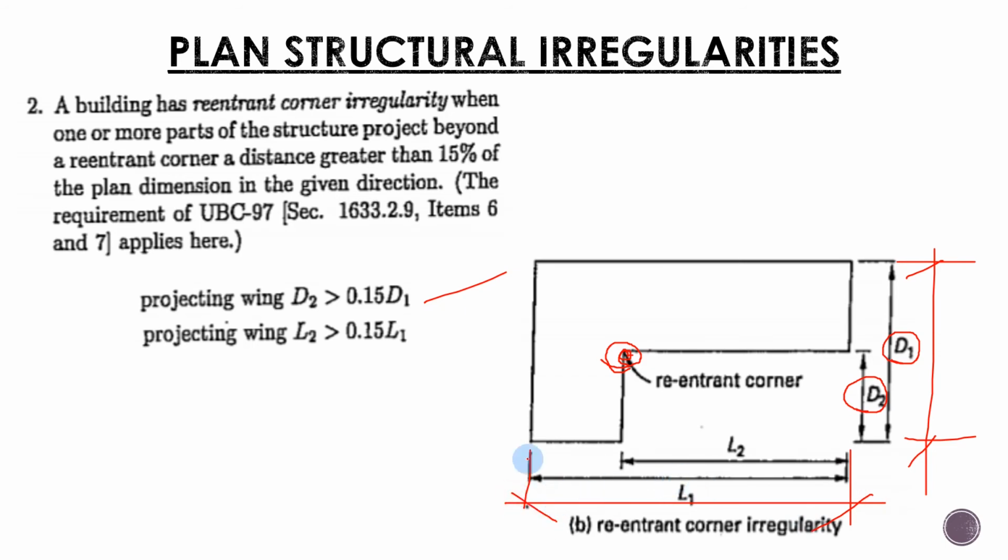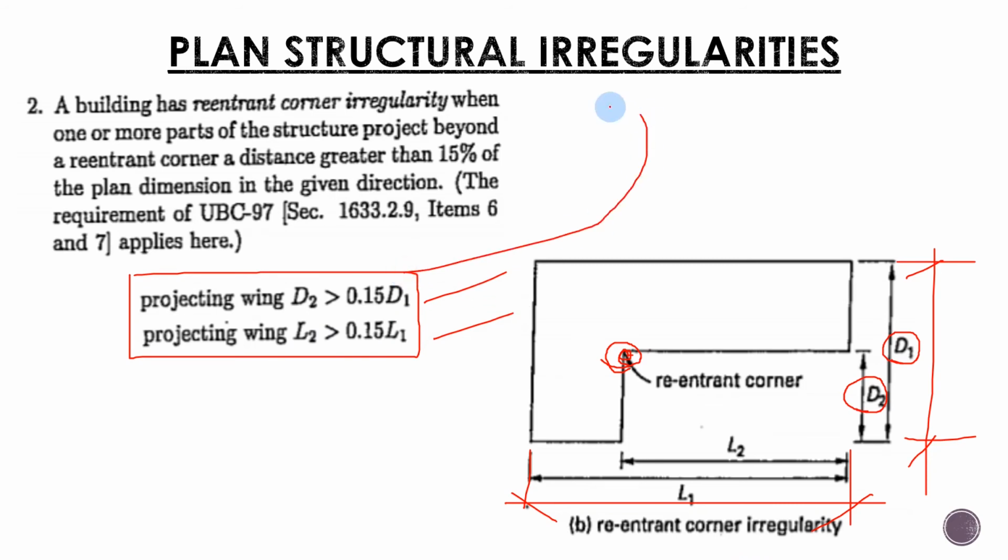So make sure na dili siya modako ana. Okay, so dapat ang imuhang dito less than 0.15 D1 para dili magka re-entrant corner irregularity. Okay? So these are the conditions guys na ma-experience nimo na irregularity. Re-entrant corner irregularity.